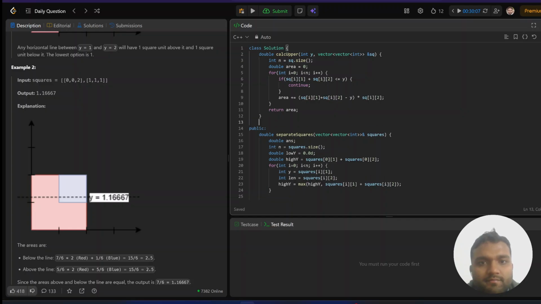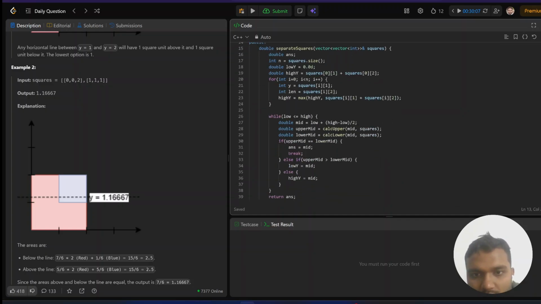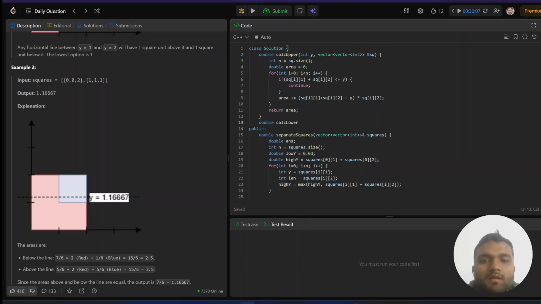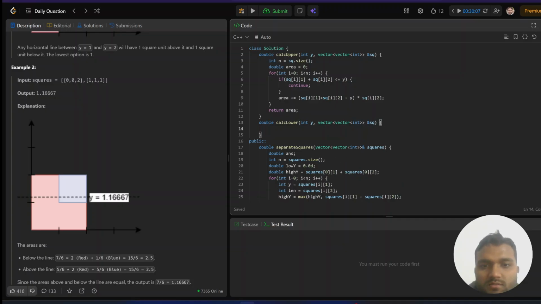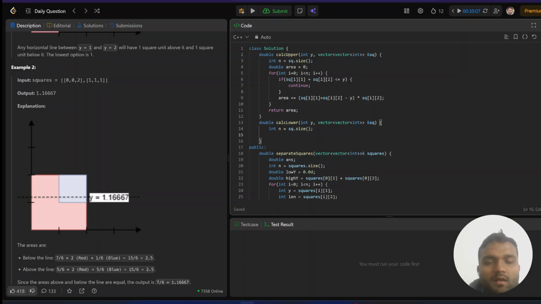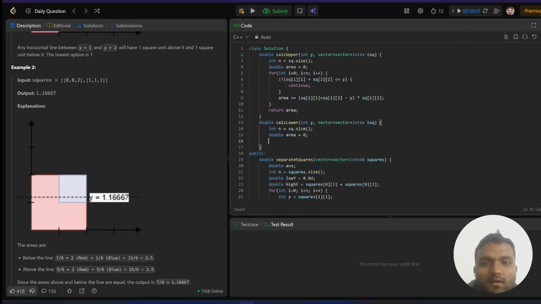And for the next function, we have calculate lower. Am I correct? Okay. So we have a y here, and I'm still not sure. We have a size, we have a double area, and we are going to iterate the same way.